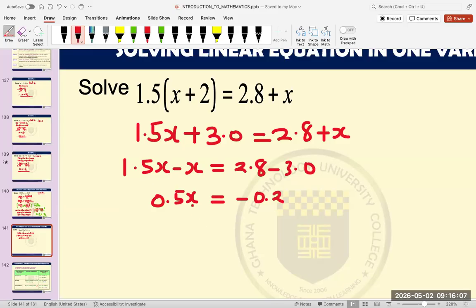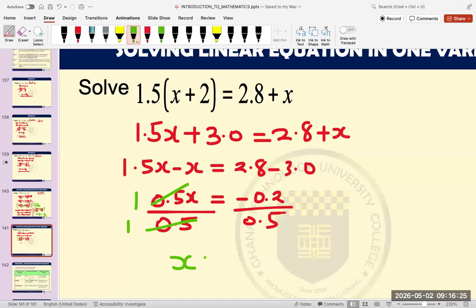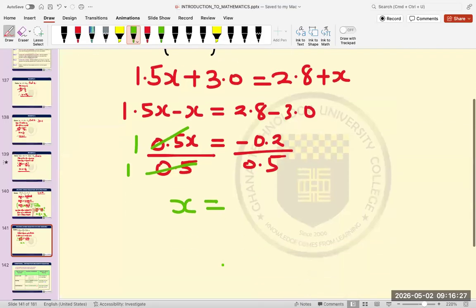Now we want x to stand alone, so we divide every side by 0.5, and then we do some cancellation. So 0.5 will cancel itself. Then x can stand alone like this.